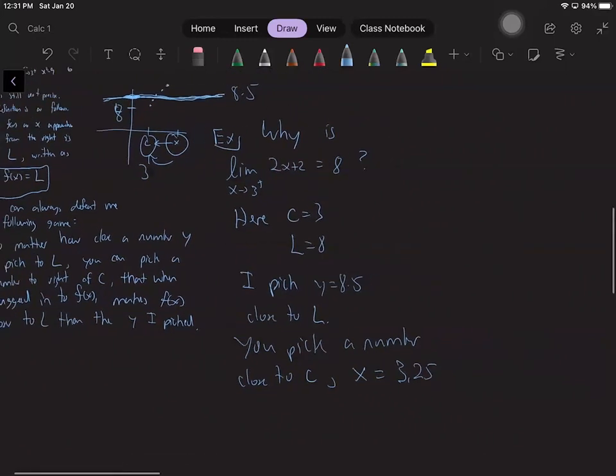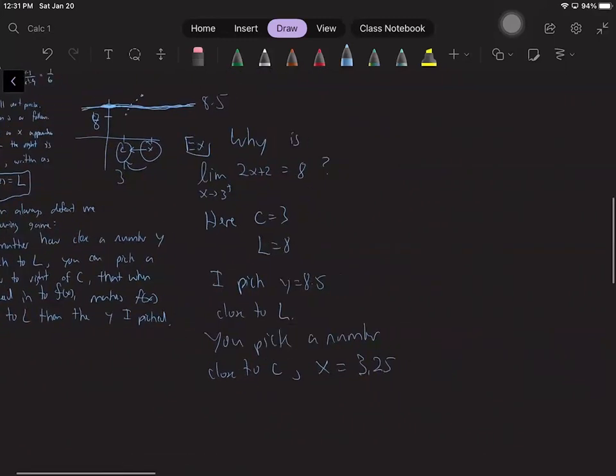Let me draw a new picture here because that one's getting messy over there. So here's the supposed L. And I said, you cannot get closer than 8.5. I bet no matter what you do, you cannot get closer than 8.5. But you pick 3.5.